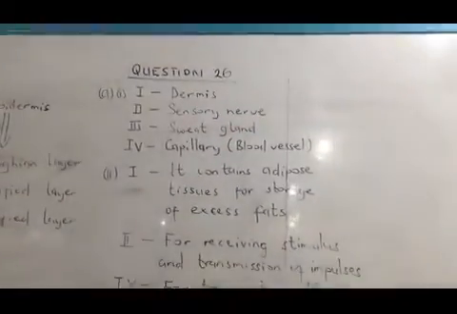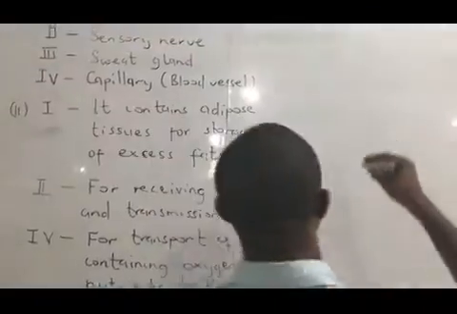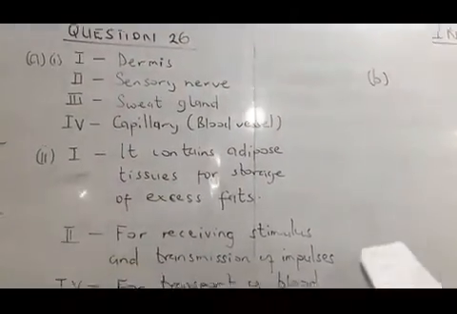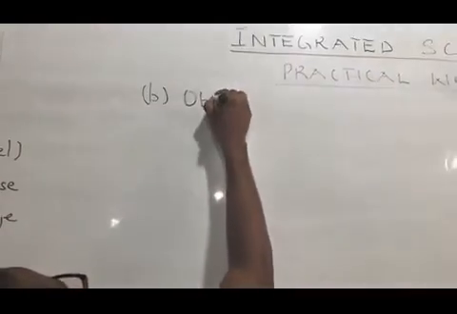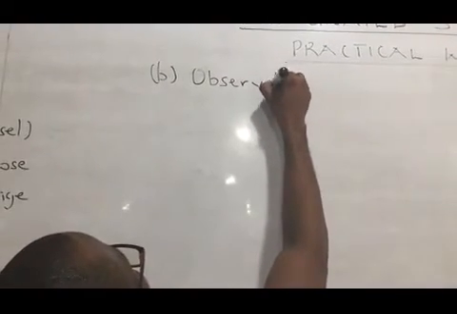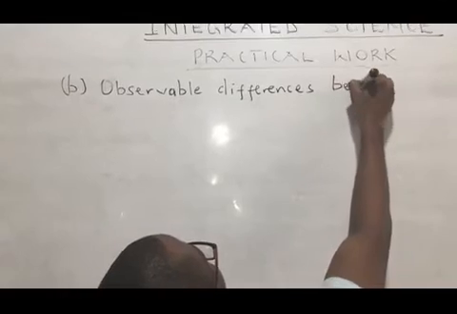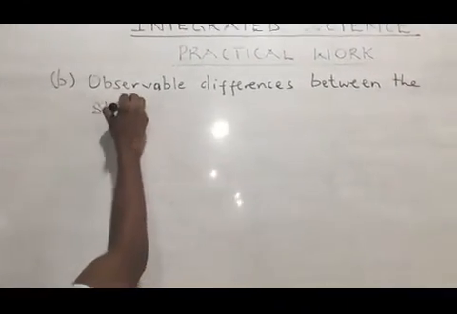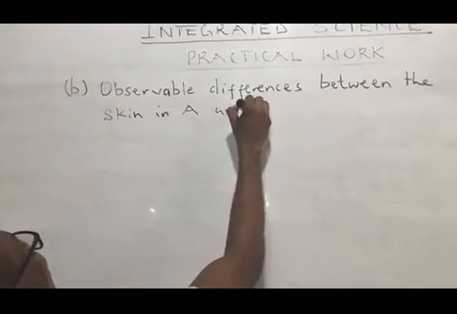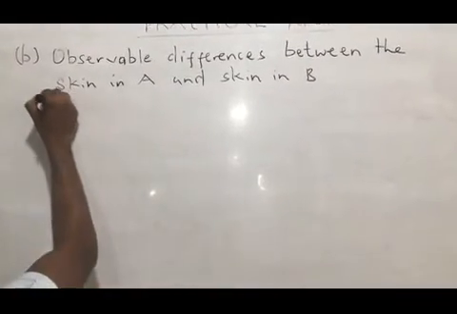Question B says state two observable differences between the skin in A and skin in B. So you put that in a tabular form.